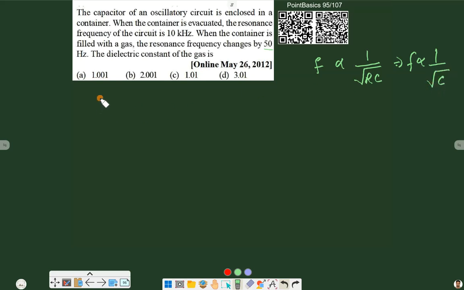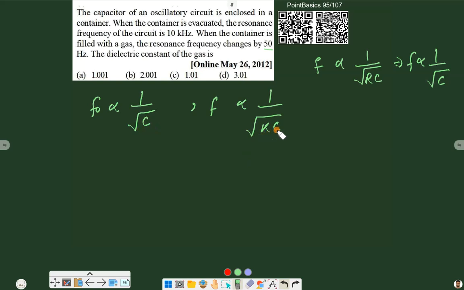So f naught is proportional to our original capacitance, and when we fill it with some gas, the capacitance changes. Why? Because gas acts as a dielectric. So our new frequency becomes proportional to 1 by under root Kc, because capacitance changes from C to Kc.